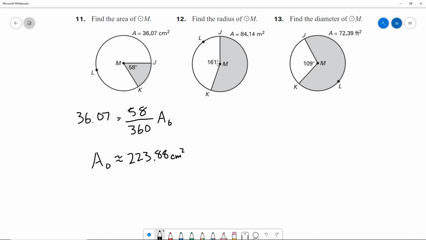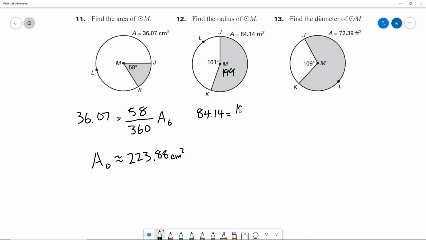Here we're solving for the radius, so we're not going to use the area of the circle formula. We're going to use the regular formula. But again, here, we're given the angle of the white part. We need the angle of the gray part, and it turns out that that's 199 degrees. So we know our area here is 84.14.